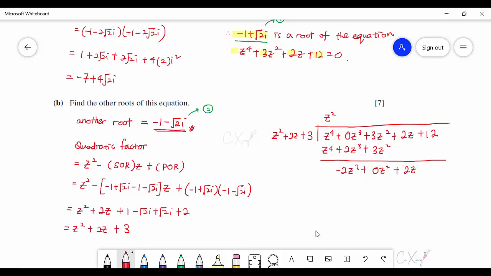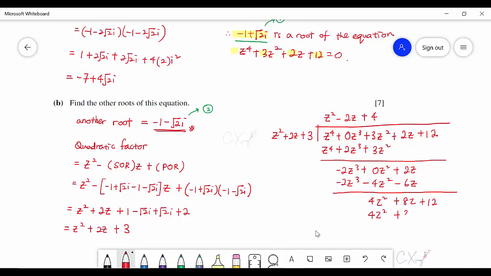I need to multiply it with negative 2z here, so negative 2z power 3 minus 4z squared minus 6z. Then again, I have 4z squared plus 8z plus 12. Then the next number will be plus 4.